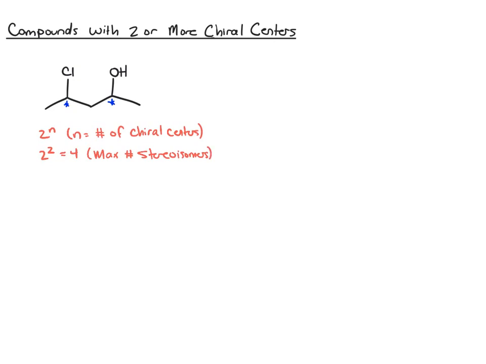Now what I'm going to do is I'm going to draw this molecule. But remember, we can put the chlorine and the OH on dashes and wedges. So in our first one we're going to draw, let's put the chlorine on a wedge and the OH on a wedge. Alright, then the second option, what if we put them both as dashes?